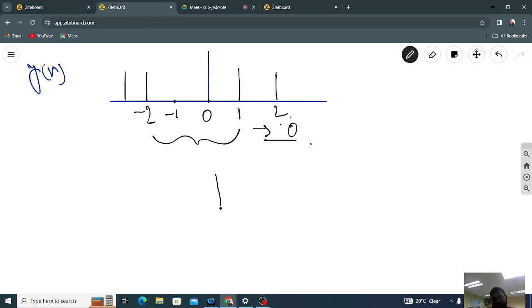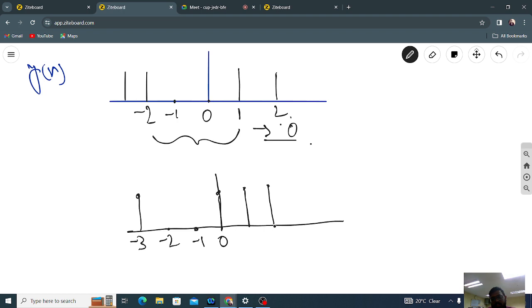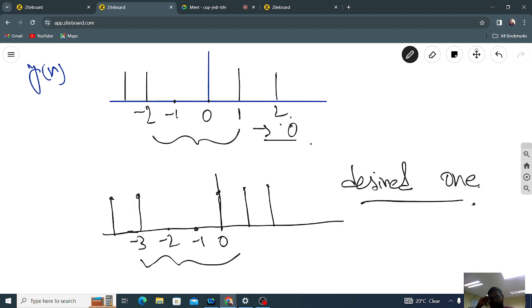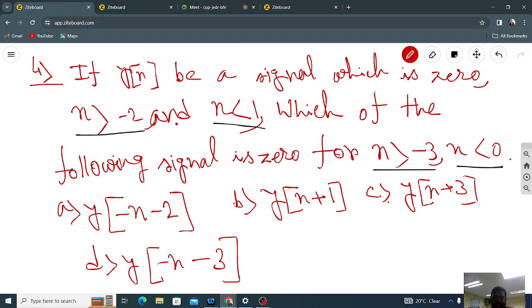So let me draw the output signal that is desired. That should be, this is 0 and it should be -3, there should be -2, -1. All the values are 1s except within -3 to 0, this is the desired one, as per the question.